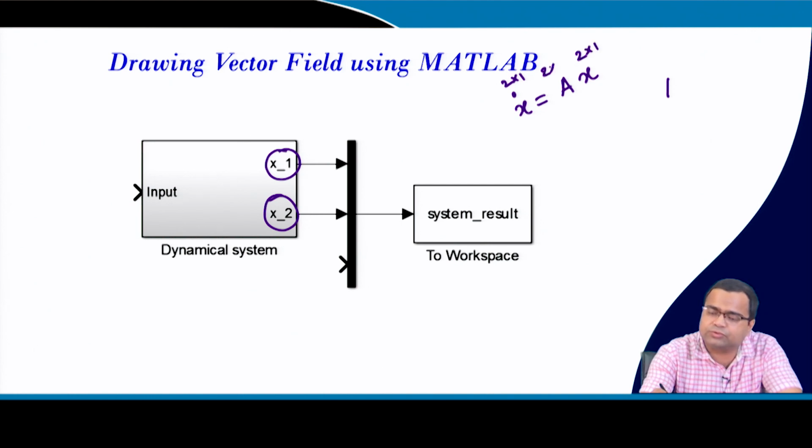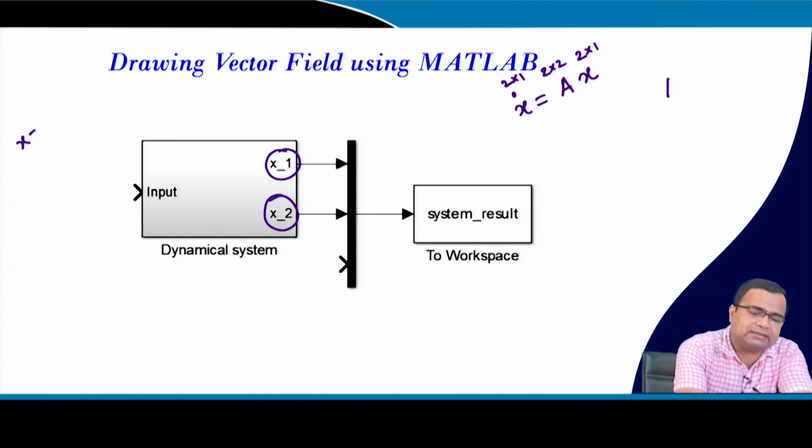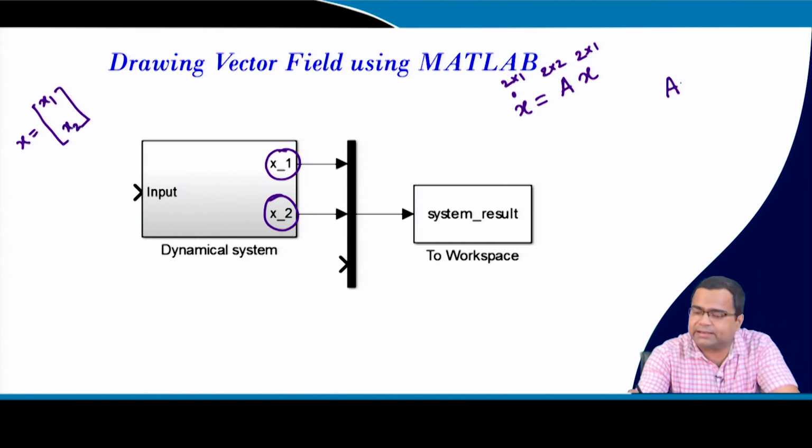So this has to be 2 cross 2, and that means what is my state vector? It is nothing but x1 and x2. And what is my A matrix? I have taken A11, A12, A21, A22.